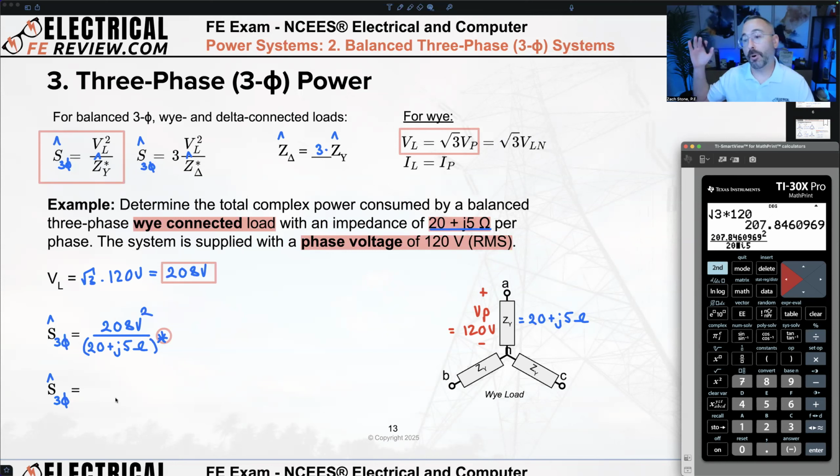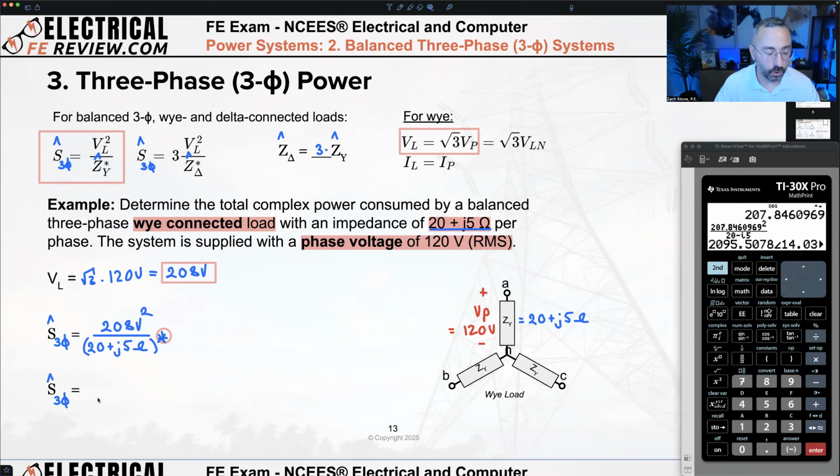If it's negative, you make it positive if you apply the conjugate. How do I apply the conjugate to a number in rectangular format? Same thing. If it's positive, make it negative. If it's negative, make it positive. Not the overall complex number, but just the polarity of the reactance or the imaginary component. I have plus J5, so to apply the conjugate, I turn that plus into a minus.